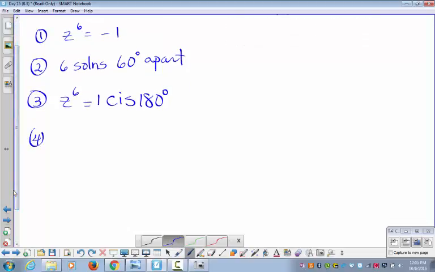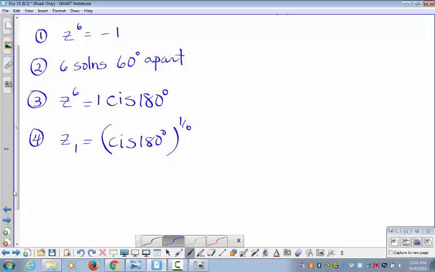All right, step 4. We need to find a solution. We find that solution by doing what we want to do. We see a 6th power. We want to take the 6th root to the right side. So do it. We do that.